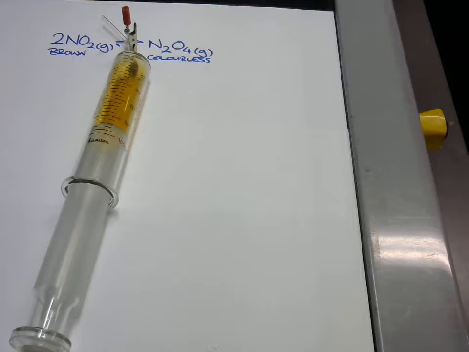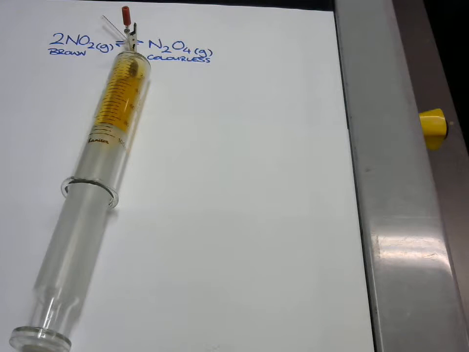The nice thing is one is brown and one is colourless. So if it gets darker, which reaction is favoured, forward or reverse? Have a look. Reverse. If it gets darker after I've changed something, the reverse reaction is made. If it gets lighter, it means the concentration of NO2 is going down, which is favouring the forward reaction.